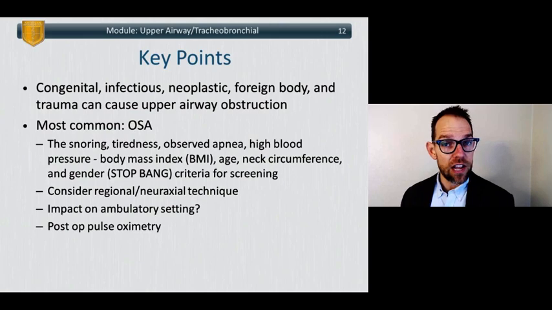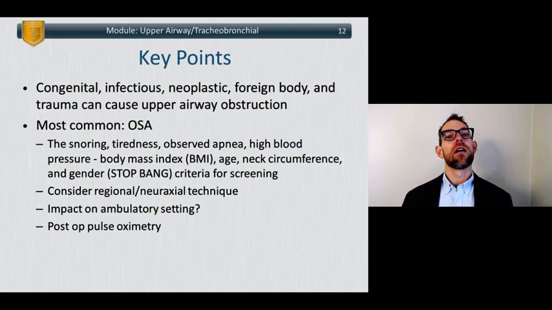Do we do them first case of the day and hold them for 8 hours while making sure that their pulse oximetry is stable? Or do we go ahead and refer them to a tertiary care center where they can be admitted for 23-hour observation? And then finally, knowing that some of these patients may be having inpatient surgeries, what is the role for post-op pulse oximetry in the face of having parenteral opioids?